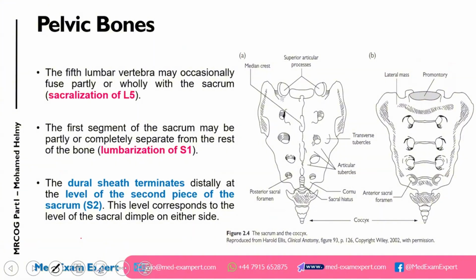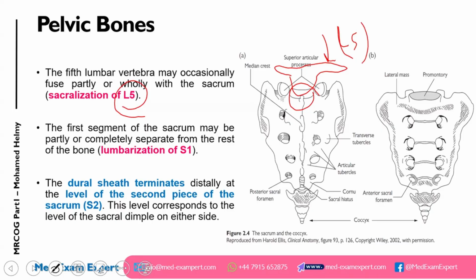One of the anatomical variations in some individuals is that some of the people have the fifth lumbar vertebrae fused with the sacrum. There is no separation between them. Okay, maybe part of the sacrum, fully or partially. And this is called sacralization of L5, sacralization of lumbar 5 vertebrae.